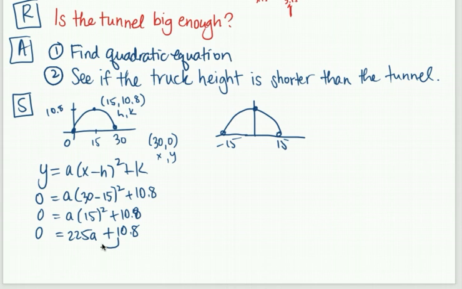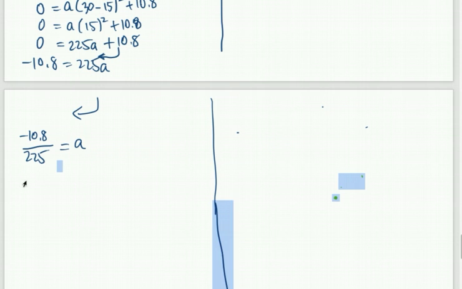So we'll move the 10.8 over. So negative 10.8 and then 225a. Okay, and you'll get a value of negative 0.048 like that.